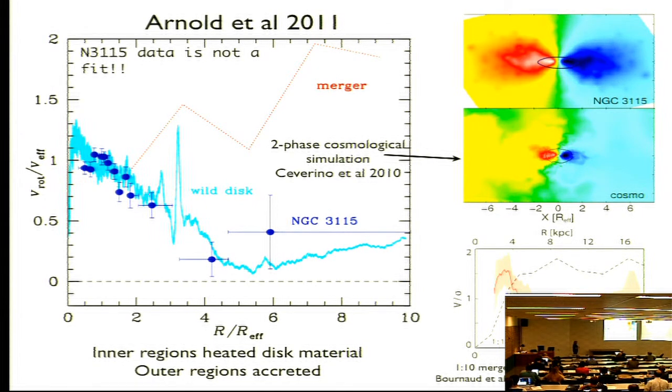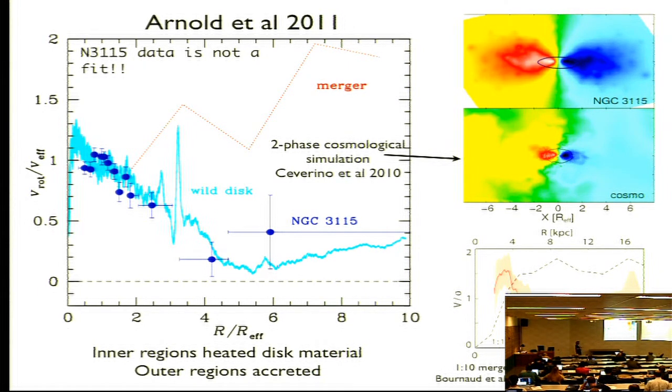This is a velocity versus galactocentric radius plot where the dark blue points are the metal-rich globular clusters and starlight data. So that's data. And the teal blue curve is the curve from the cosmological simulations of Severino et al. So these are Avishai's VDIs.